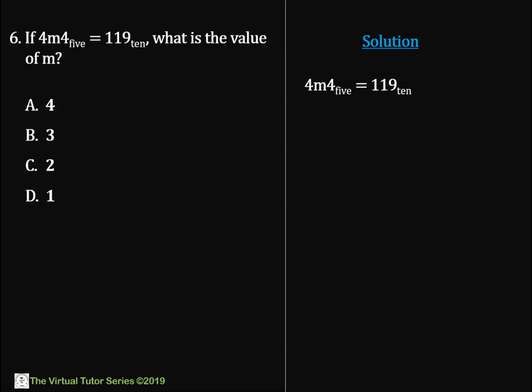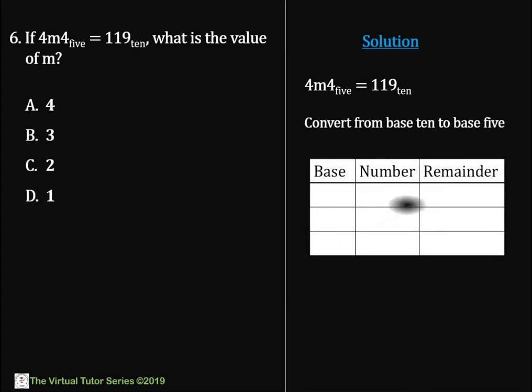To determine the value of m, we need to have both sides of the equation in the same base. Therefore, let's convert the right-hand side of the equation from base 10 to base 5. We do this by drawing up our decimal to non-decimal conversion table with columns for the base, number, and remainder.